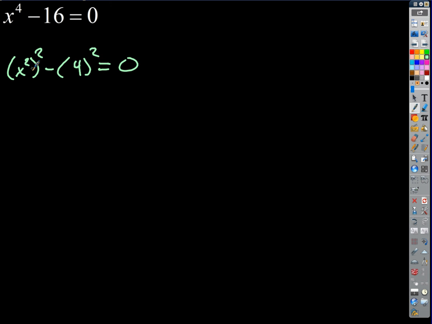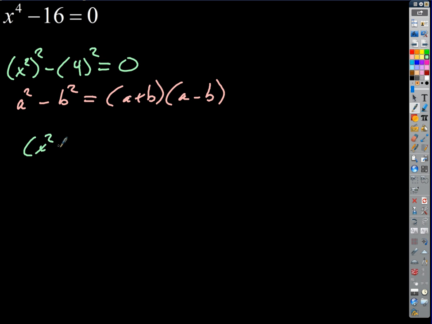And so that's just following our pattern, a squared minus b squared, which we know is just a plus b times a minus b, right? So then what's this thing become? This is just going to become a plus b, there's my a, that's being squared, there's my b, times a minus b, right?